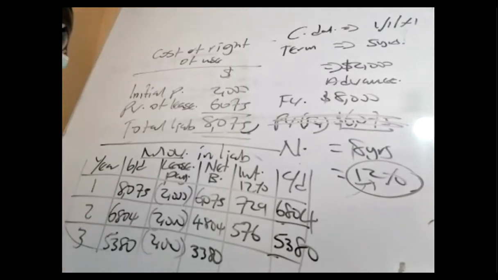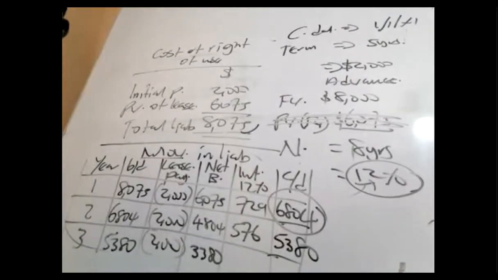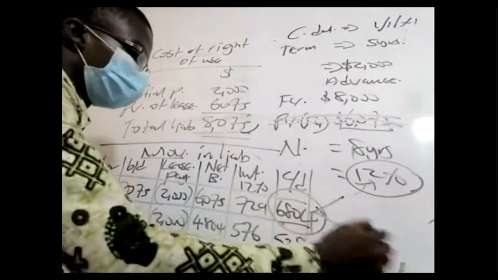Now, what's the total liability? Split this into 2, current and non-current.